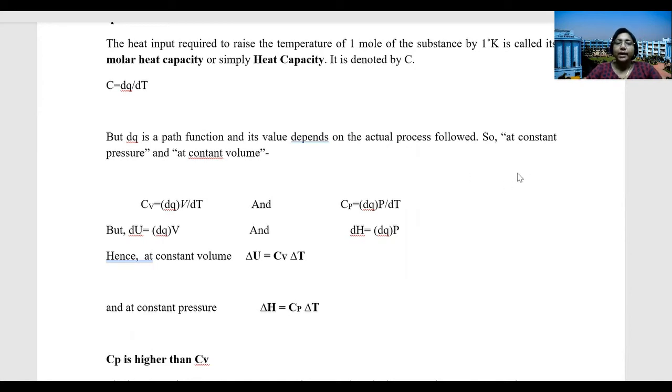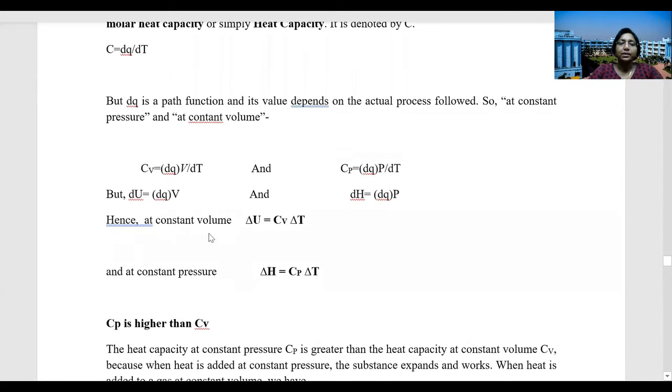So at constant volume, CV is equal to dqV by dT, and at constant pressure, Cp is equal to dqP by dT. But dU is equal to dqV, you know that, and dH is equal to dqP.